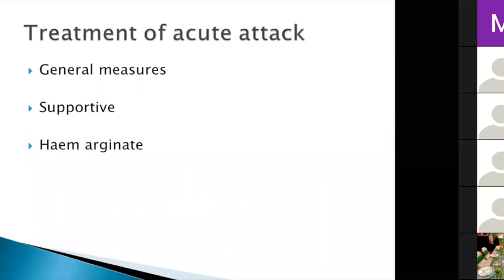So in terms of management of an acute attack or neurovisceral crisis, there are general measures, supportive measures, as well as heme arginate. General measures and supportive measures usually suffice in managing patients with an acute attack, but if the patient is still symptomatic, then we may need to go to heme arginate.